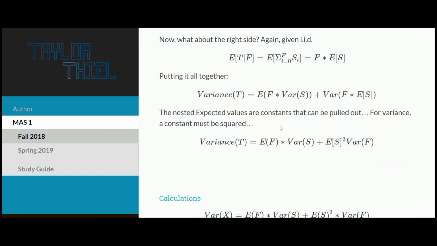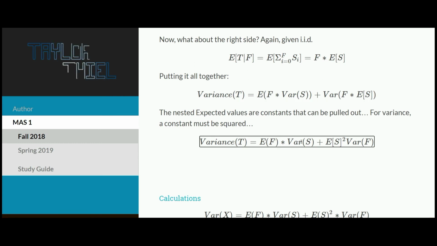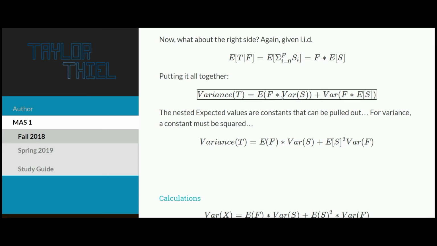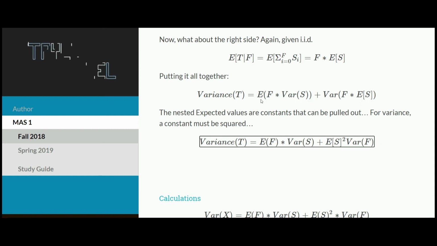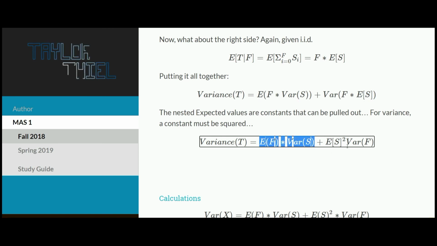So now the frequency and severity are going to be assumed to be independent. Here is the variance of severity, because frequency is just a constant, so constants can just be pulled out of this expected value, and that's why they're split apart here.